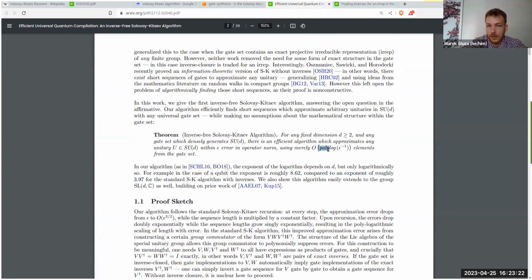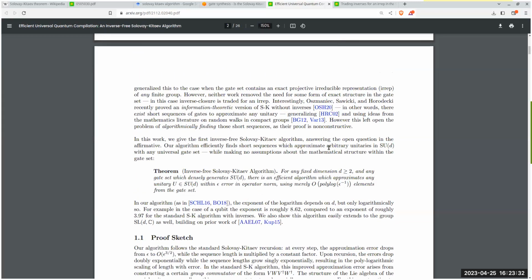Okay, so yeah, because the typical example we have is the Clifford and T. I guess there it should be fairly easy to make inverses. Yeah. So the T gate you can actually probably inject to get the inverse of the T gate as well. Yeah.